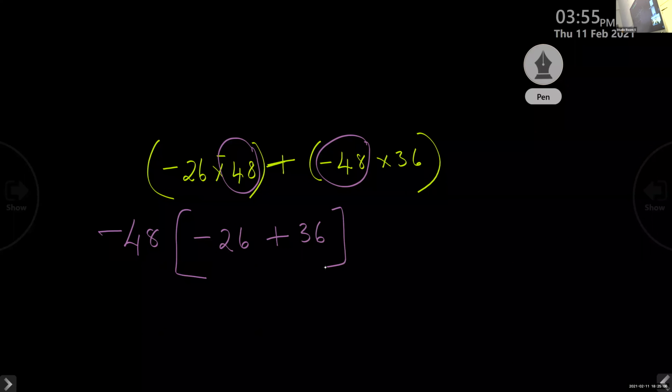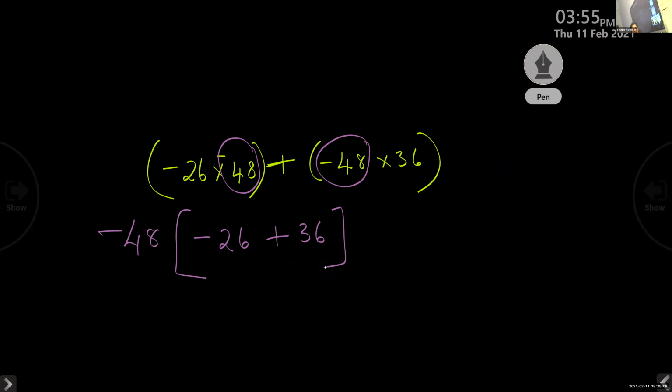One is positive, the other is negative, so find the difference and put the sign of the greater number. The answer is 10. So negative 48 into 10 will come. Negative 480. That's the answer.